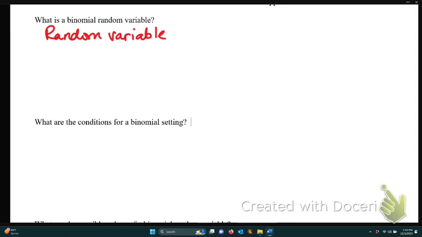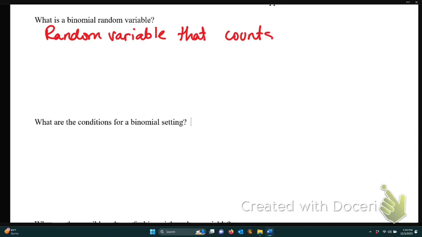A binomial random variable is a random variable, so it can be discrete or continuous, but most of the time, actually, that's a lie. It's going to be discrete, just saying. You'll see why in a minute. A binomial random variable is a random variable that, what does it do?